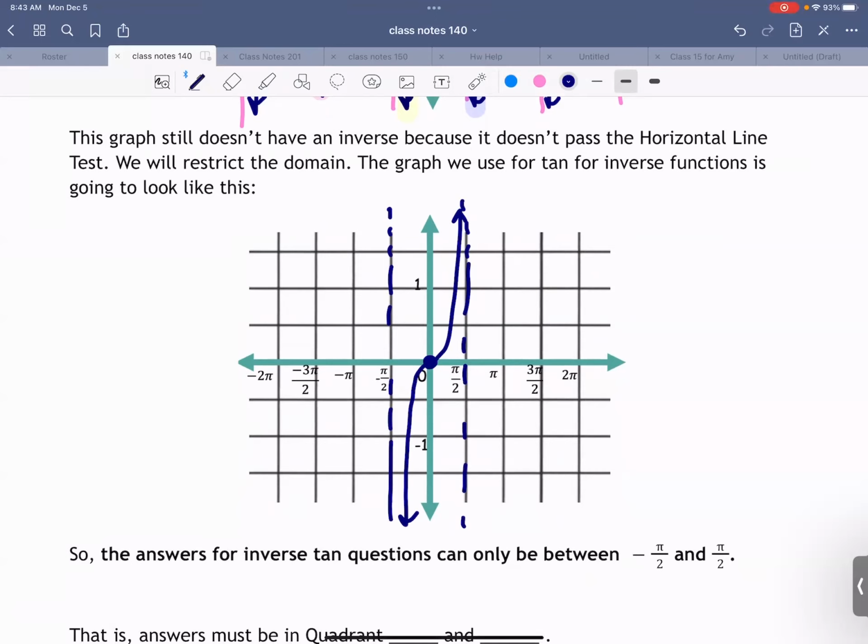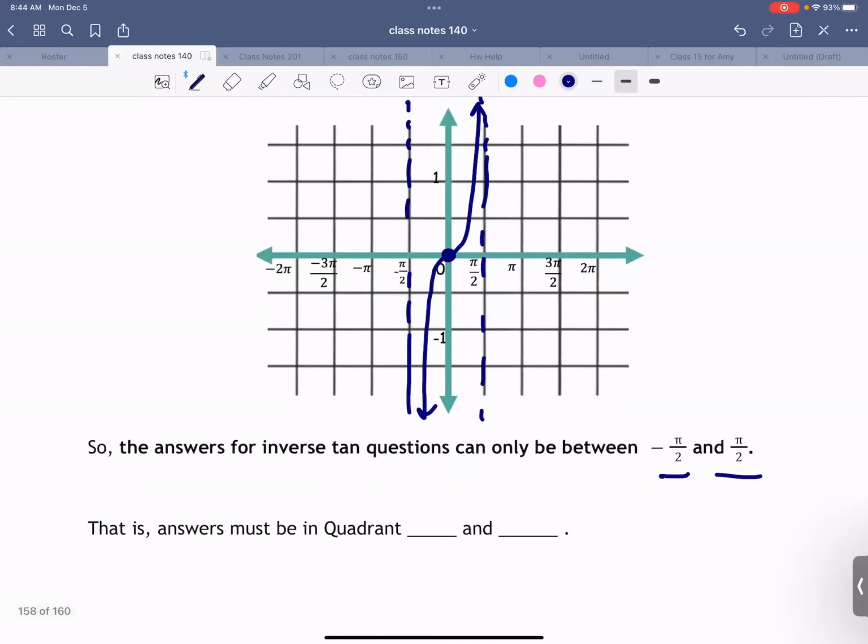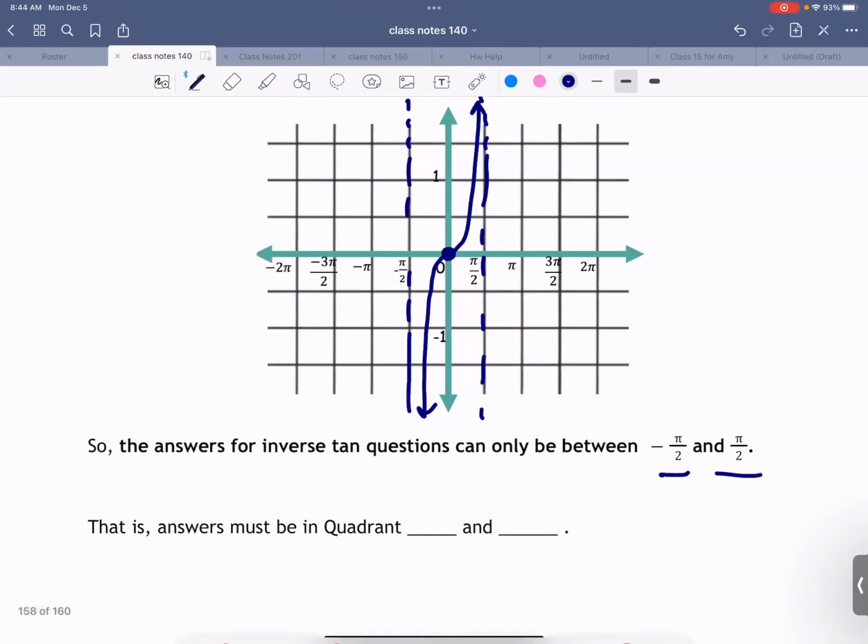Because of this, the only x values that are plotted are between negative pi over 2 and positive pi over 2. And because of this, our answers for inverse tan can only be between these two values, negative pi over 2 and positive pi over 2. Okay, what quadrants are negative pi over 2 and pi over 2 in or between? 1 and 4, good.